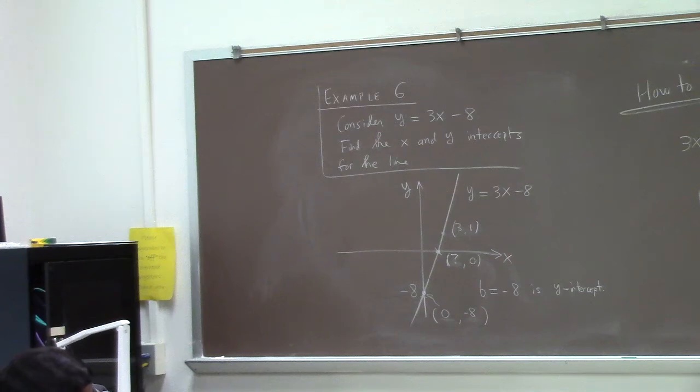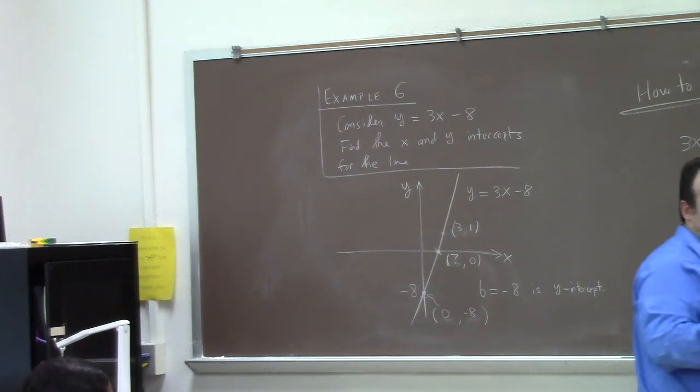Okay. Hey, I can't do that. That's cool. You've got to be a very particular height for that to work. Let's see here. So if I want to find the equation for a line in terms of the x-intercept and the y-intercept.